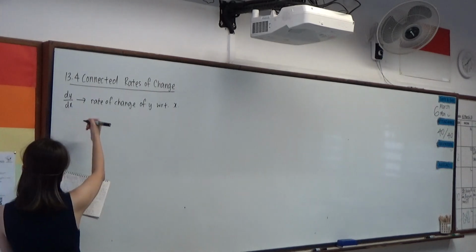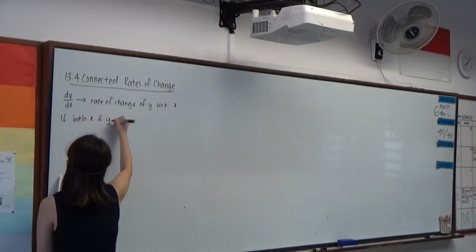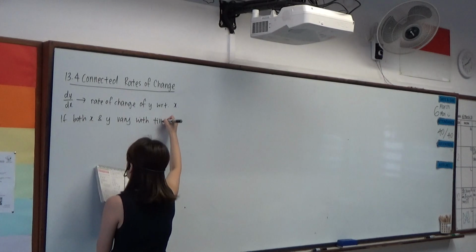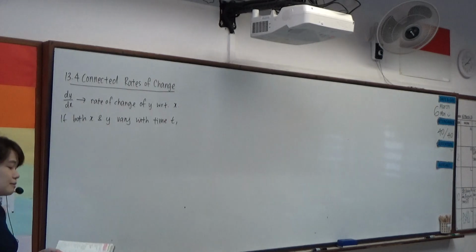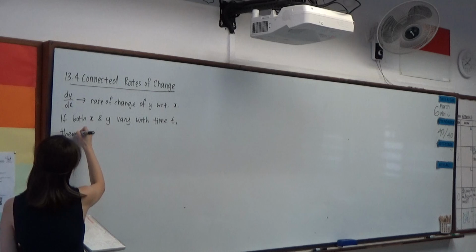So what if x and y actually vary according to time? That means maybe x is in terms of time or y is in terms of time, t itself. Then we will apply our chain rule.